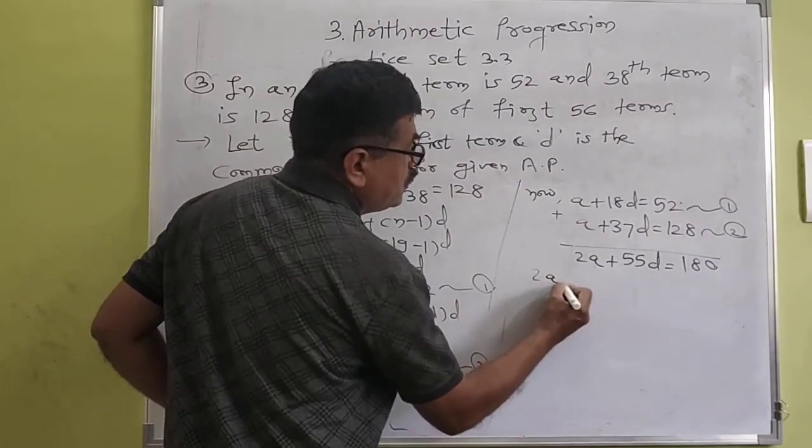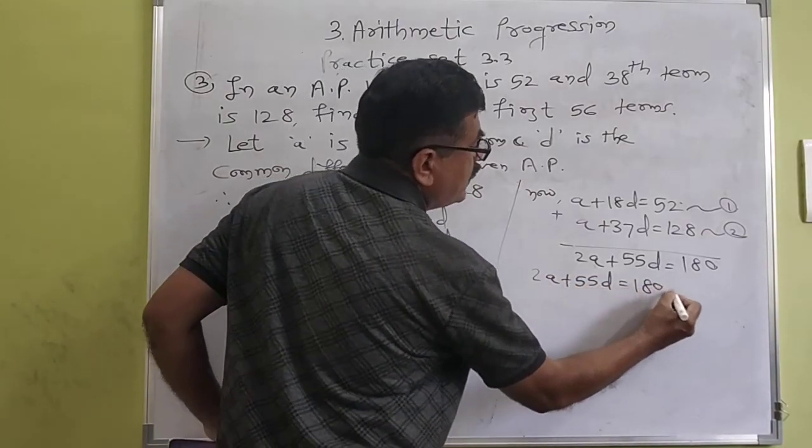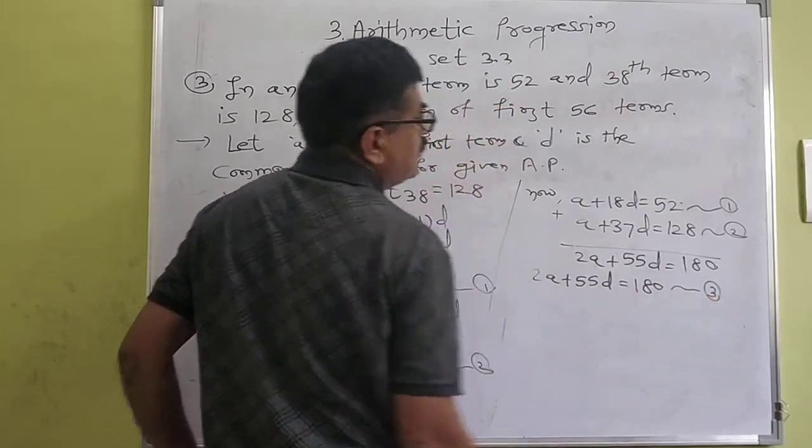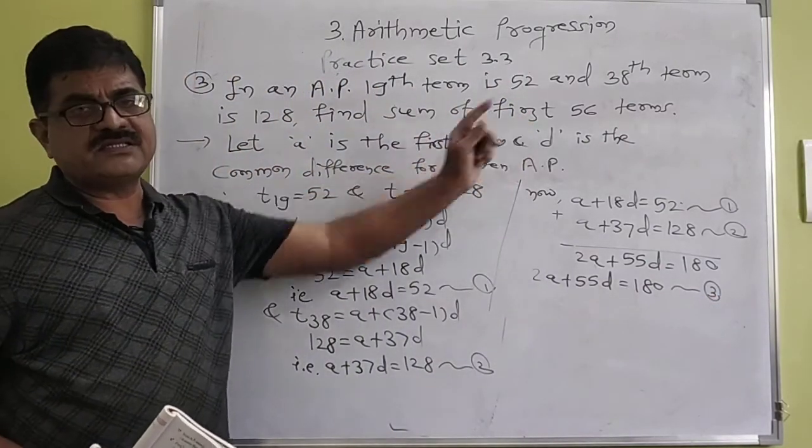That is, 2A plus 55D is equal to 180. This is number 3. We have to find the sum of 56 terms.